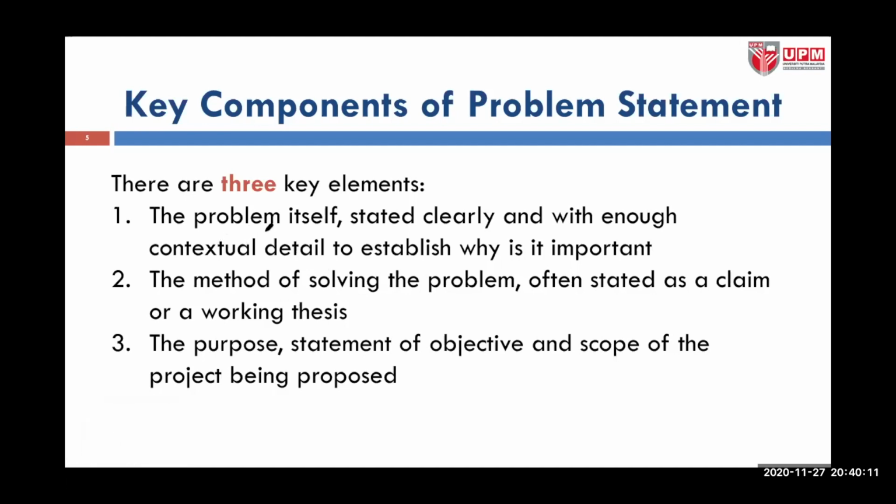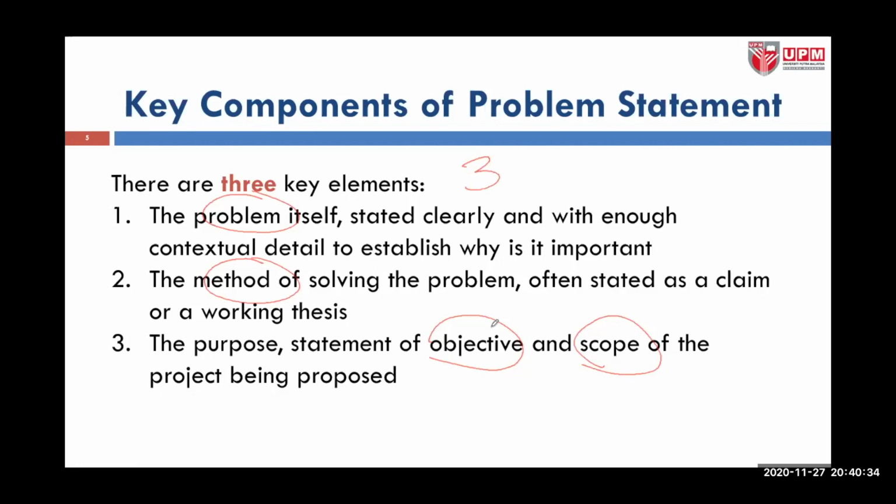So you have the three elements. The first one is the problem itself, and then you have the method of solving it, and the objective and the scope of work. So basically, when you write a problem statement, it will consist of these three elements.